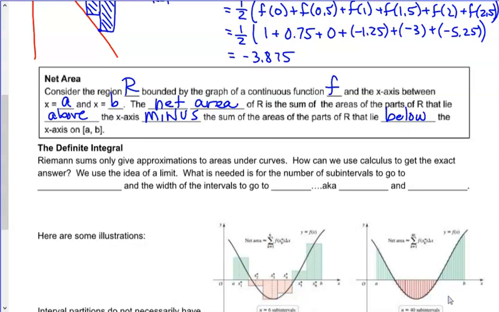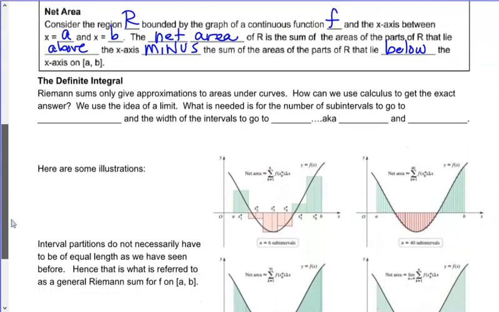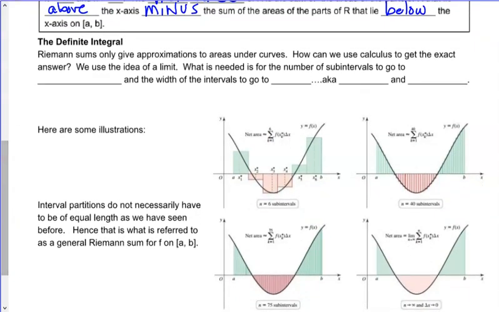So we're summing the ones on the top, summing the ones on the bottom, and subtracting them. That holds true when I have these negative values here as well. This leads us into the idea of a definite integral.